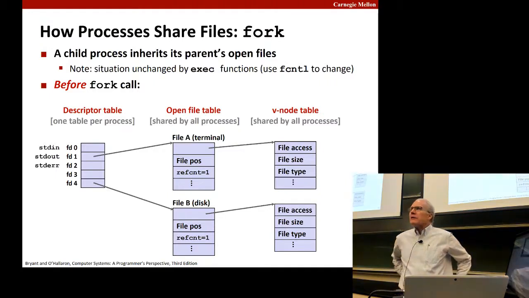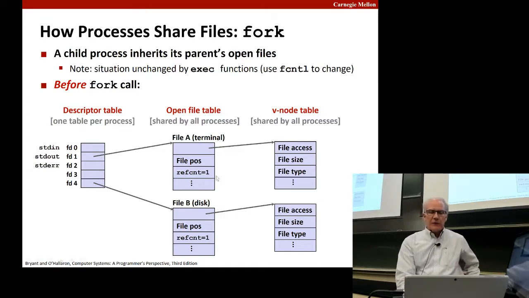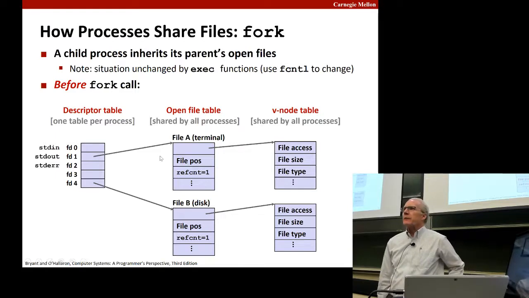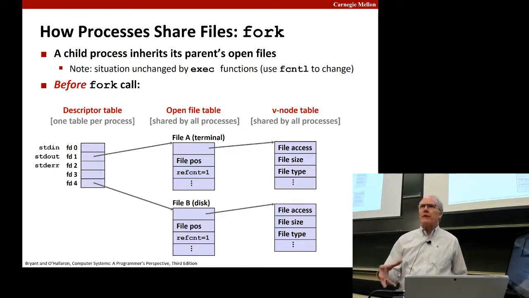But it gets interesting in various ways when you can actually start sharing entries in this open file table. And one way that will happen is by fork. As you remember, fork is the way we create a new process by replicating an existing process.